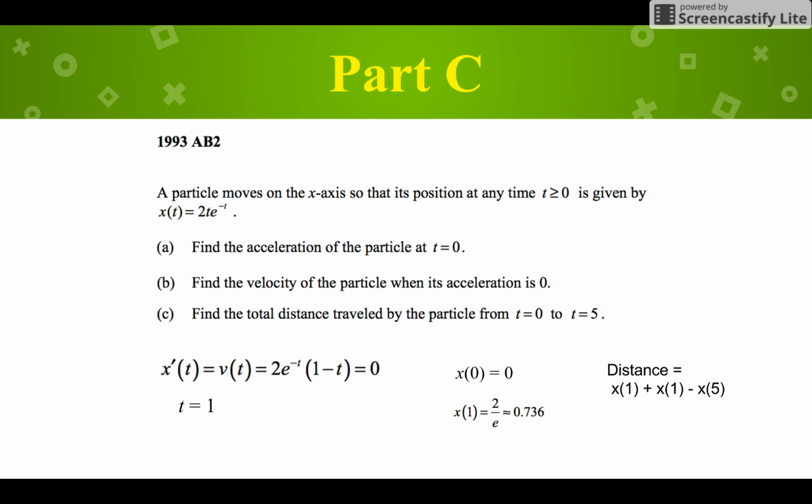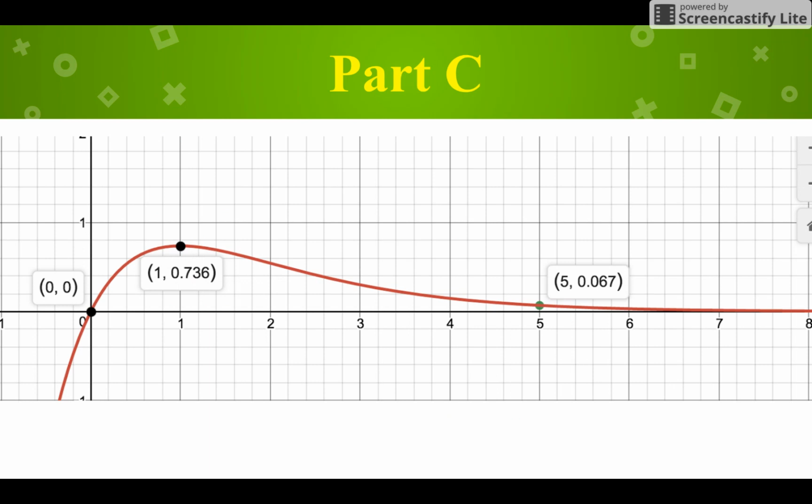We need to do x of 1 plus x of 1 minus x of 5, because if you think about it like this, x of 1 is going from here to here. So it's moving 0.736 up. And then it has to go back down that much over here.